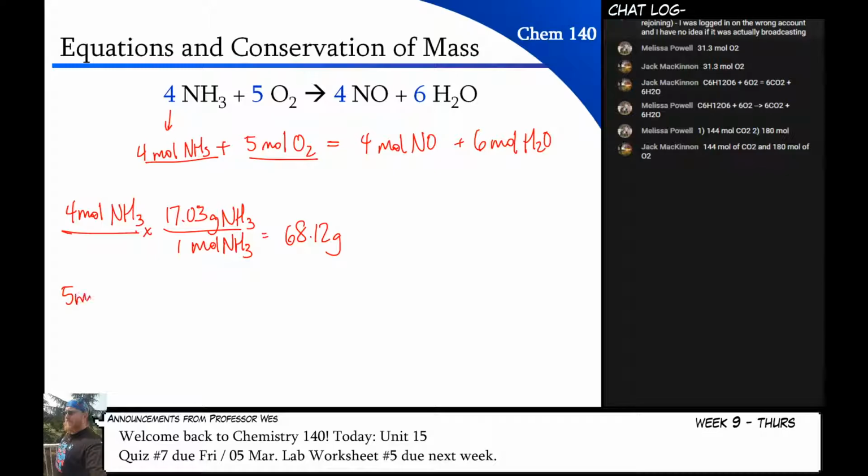We'll do the same thing. So 5 moles times 32 grams per mole is 160.0 grams.